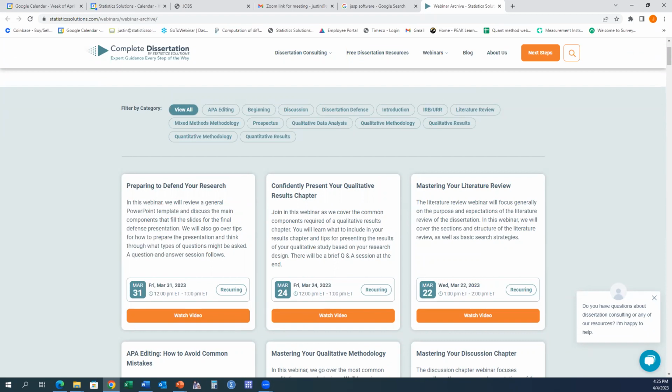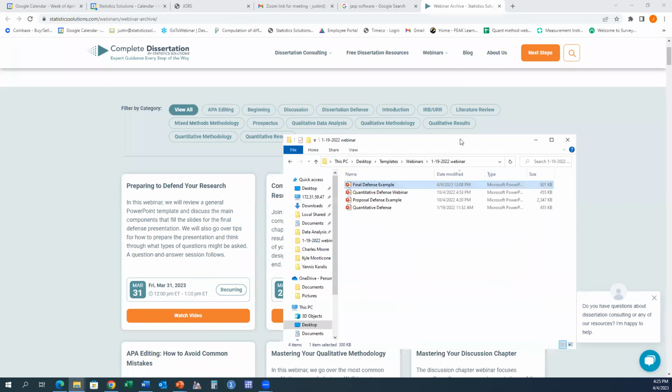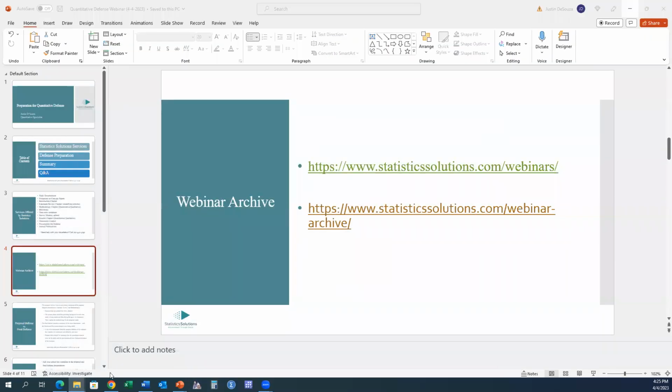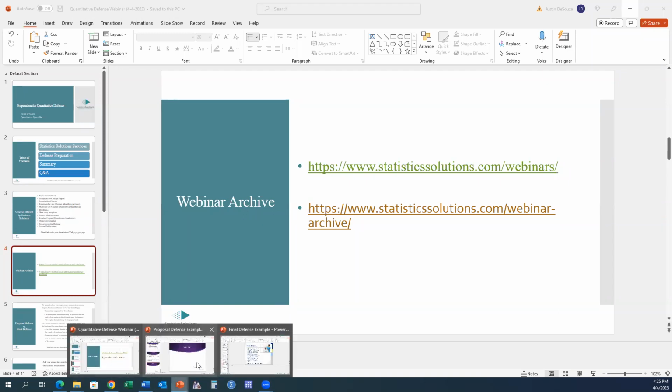A question from Travis. Do you have an example of presenting a mixed method study in a final defense? What recommendations would you have for presenting triangulation? I don't think I have a mixed methods one handy right now. I would have to look, but it's fairly similar. I think what you would do is, let me open this example again.